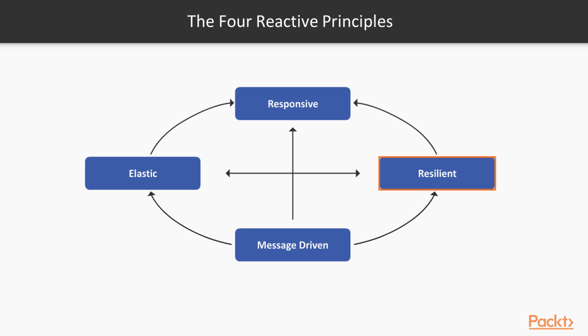A resilient system fails rarely and stays responsive even after failure. Elastic means the ability to handle a varying amount of work. A reactive system scales well under heavy load conditions. Message-driven: in reactive systems, the data is a stream of events. These events are passed between components, notifying them about new data, error conditions, and completion of data.